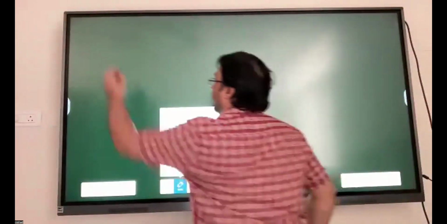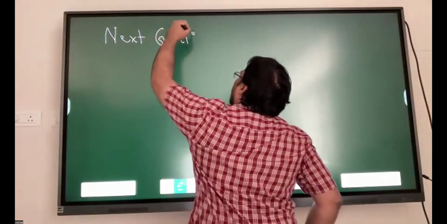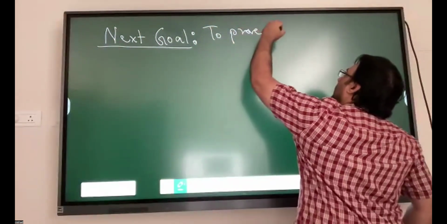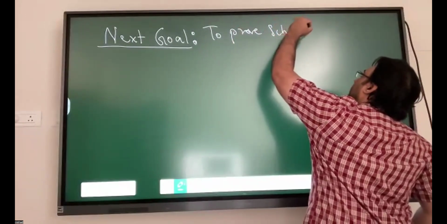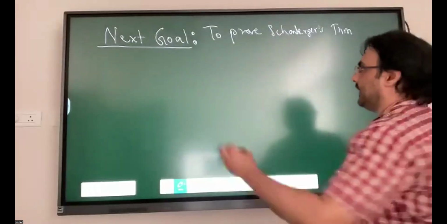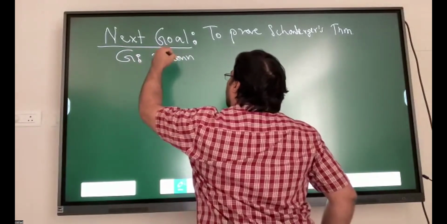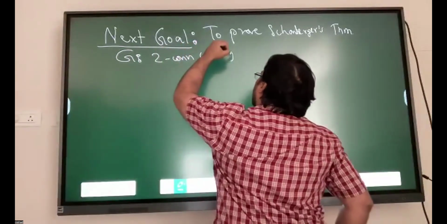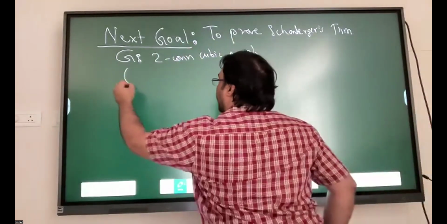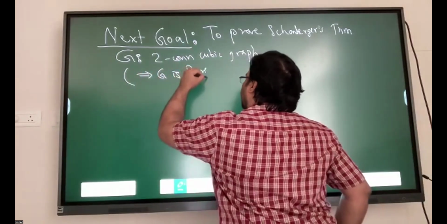If not, the next goal is to prove Schönberger's theorem. What does it say? We have a 2 connected cubic graph. G is a 2 connected cubic graph. We have already proved Petersen's theorem, so we know that G is perfectly matchable.